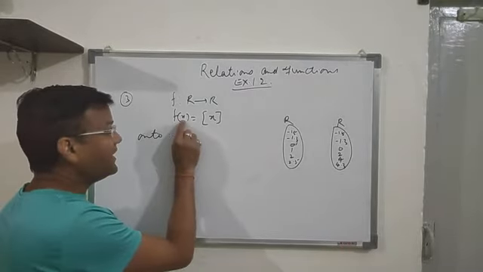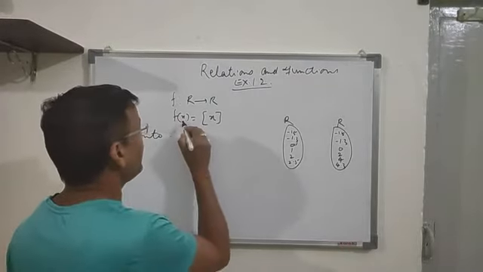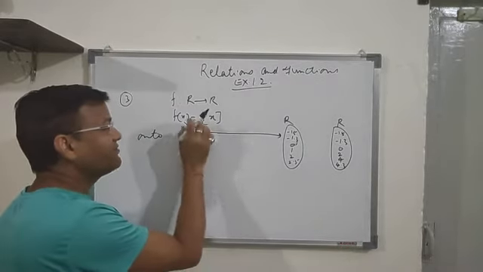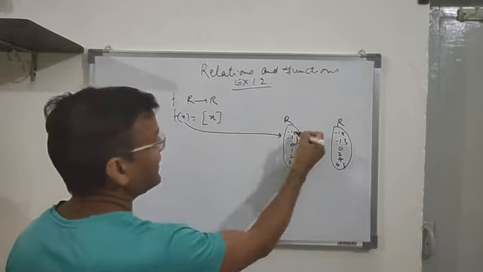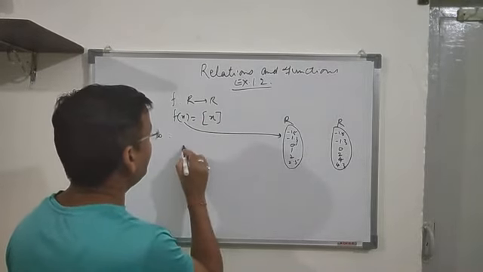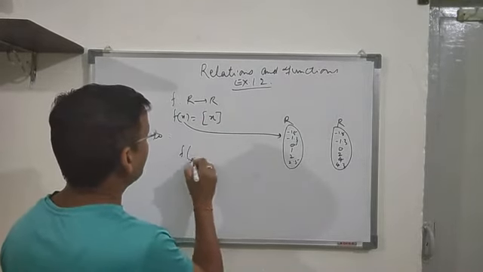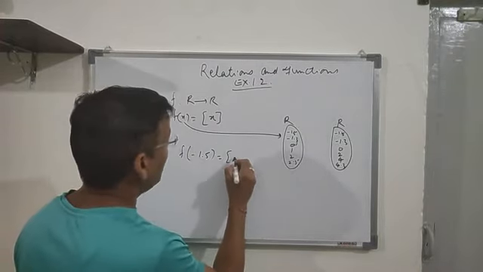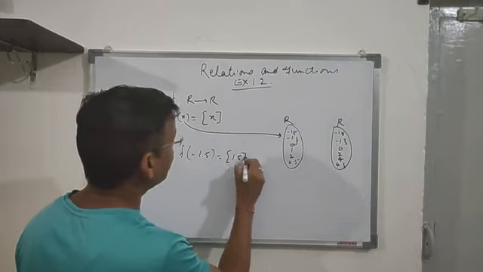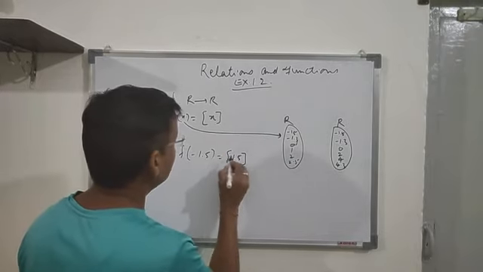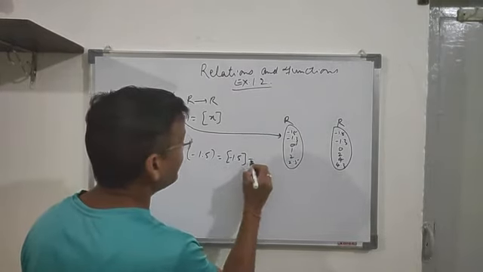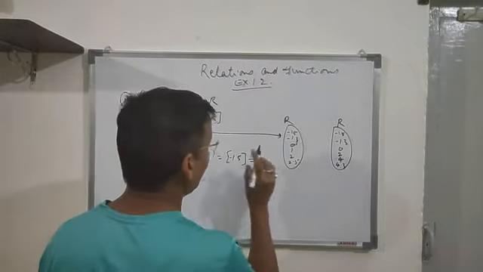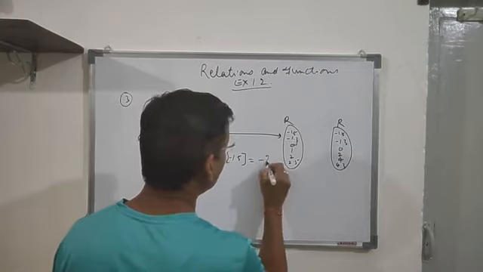For example, if I take f(-1.5), as per the definition of a greatest integer function, its value is minus 2.